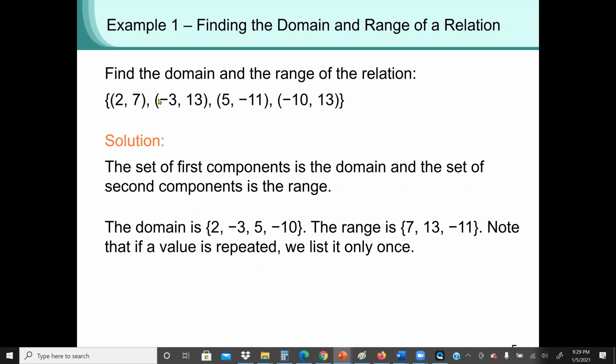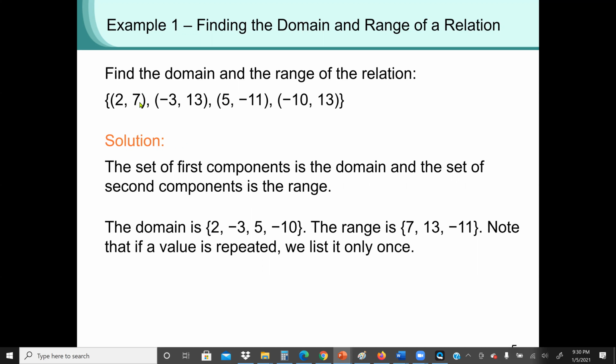So the solution says the domain is 2, -3, 5, and -10. The domain is the first component, which we can also call the input or the independent value. Then the second value is our range.